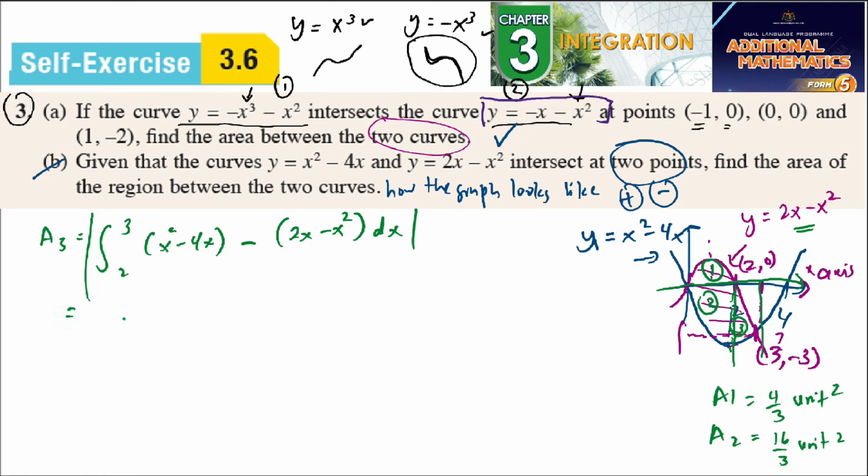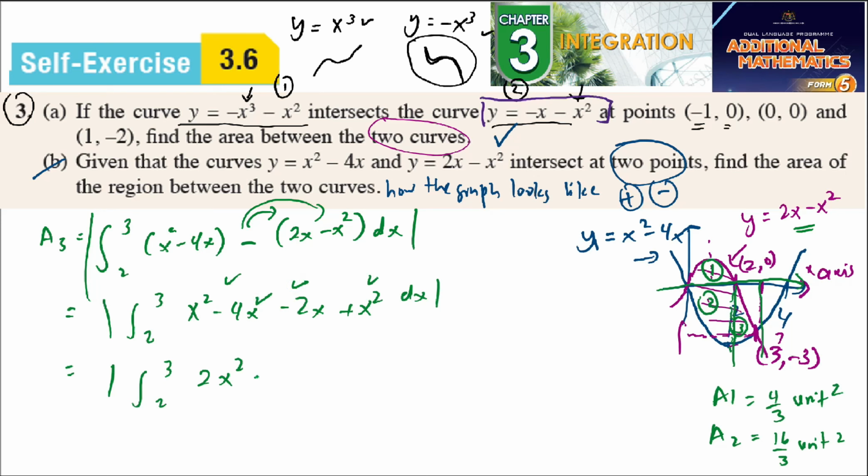So here, this one 2 to 3, so x squared minus 4x, minus 2x, negative and negative become positive x squared dx, is equal to, so x squared and x squared we get this one 2 to 3, 2x squared, negative 4 and negative 2 we get negative 6x. Okay.